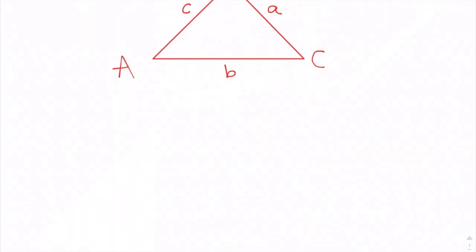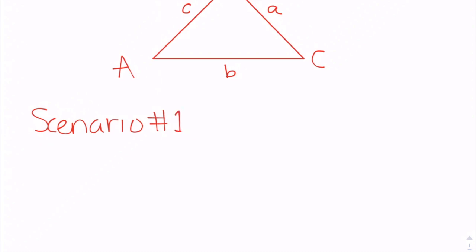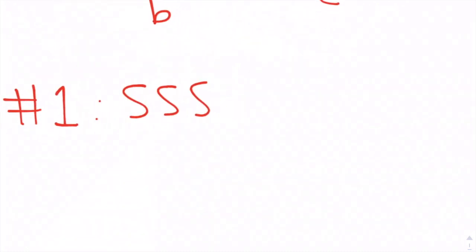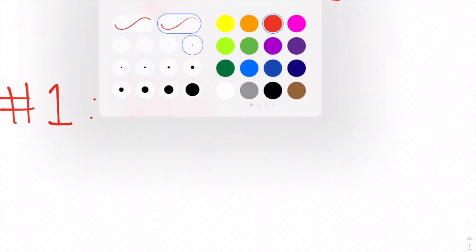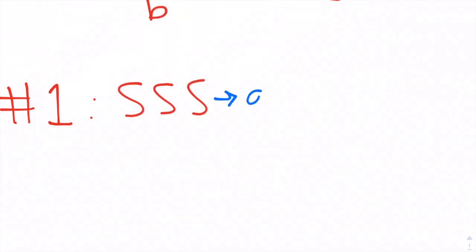And so there's two scenarios when doing the law of cosines. We're going to start with scenario number 1, and that's when you have side, side, side. That means that all sides were given.